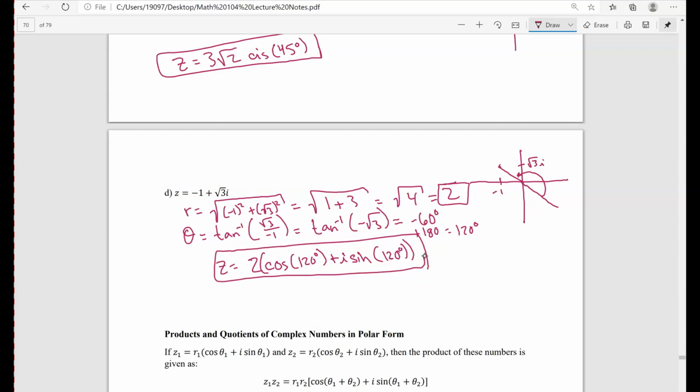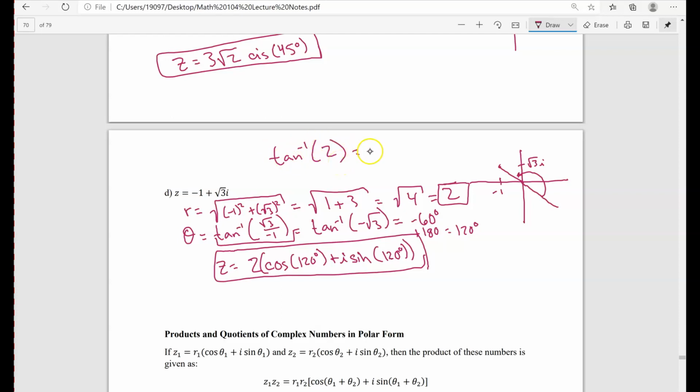Now, be very careful because sometimes when you find the tangent of theta, it's not going to give it to you in the unit circle. So far, all of these angles have been really nice, but be ready to find the arctangent of 2, for example, where it's not in the unit circle.